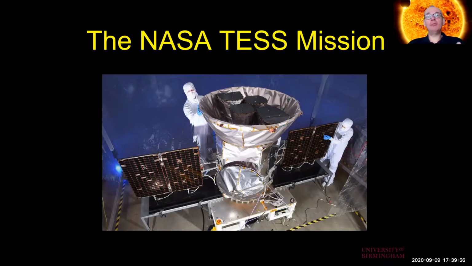Now, what TESS was designed to do, which Kepler did not, was first of all to observe the very, very brightest stars in the sky, to look, just like Kepler, for brightness variations due to the presence of planets, but also to use those brightness variations to study the stars themselves.